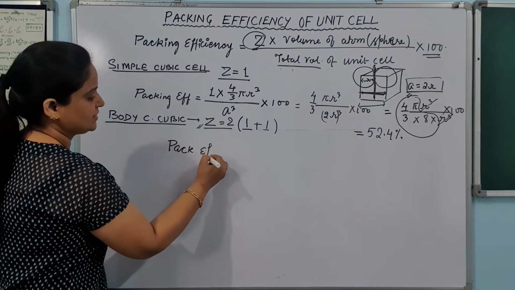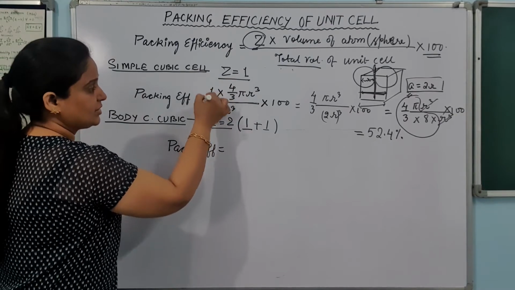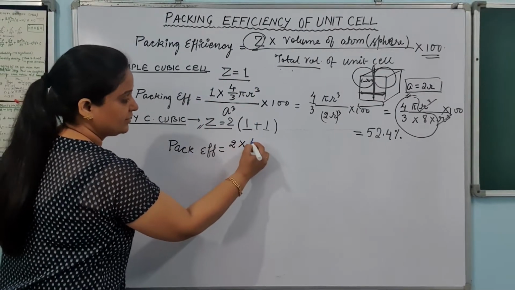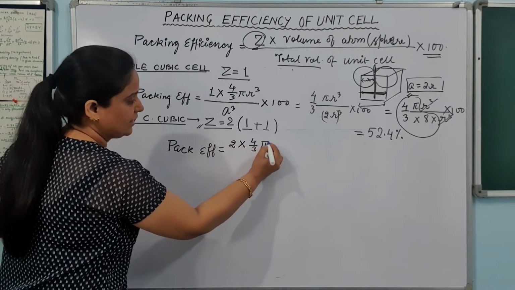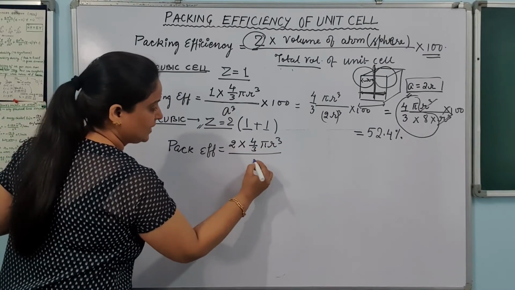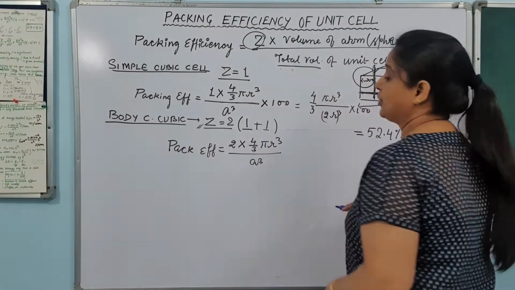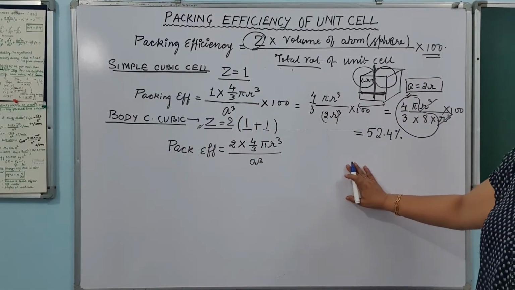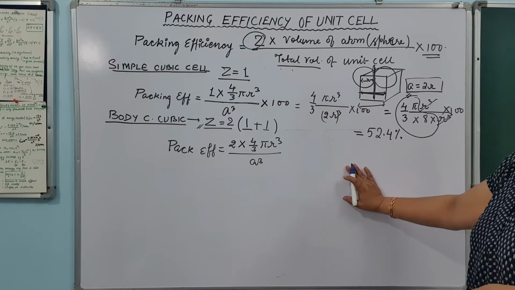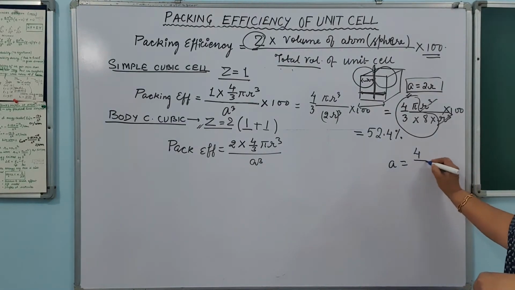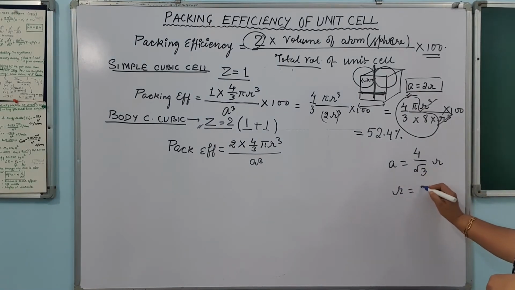Packing efficiency, कैसे निकालें? Now this time Z का value is 2 and sphere will be 4 by 3 pi r cube divided by a cube, and a का relation with the r for the body centered cubic we have to apply that also, that for the body centered cubic we know that a equals 4 by root 3 r, या r equals root 3 by 4 a.